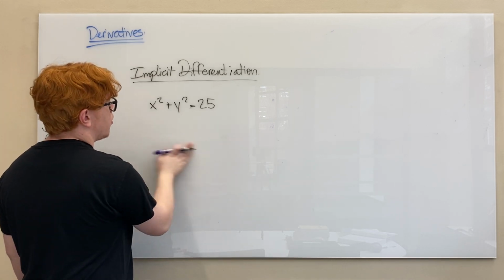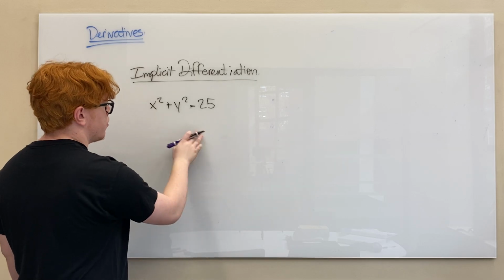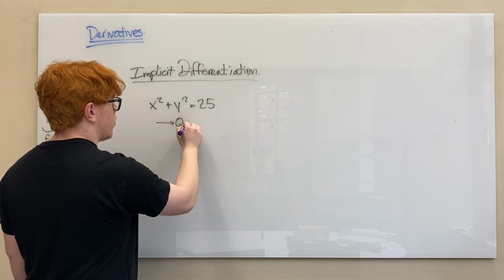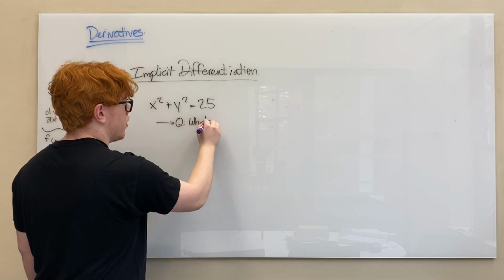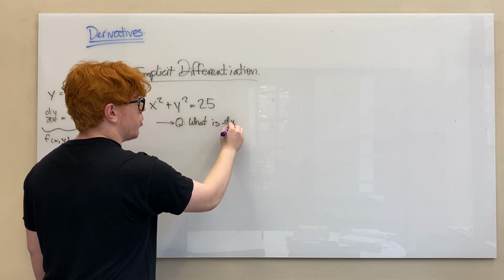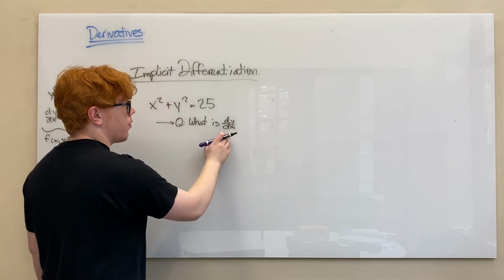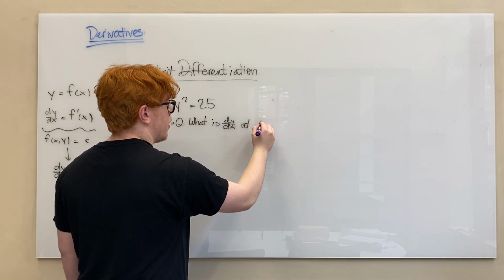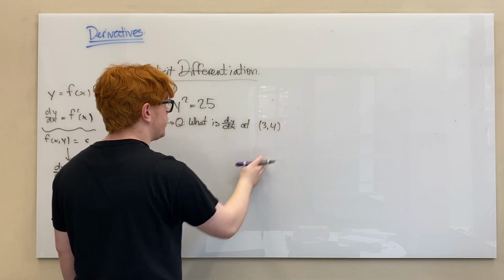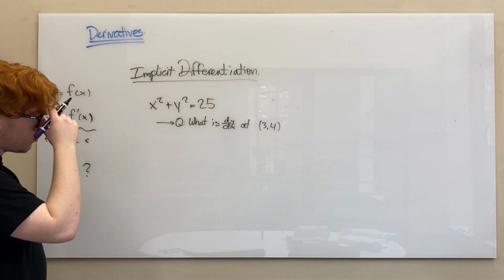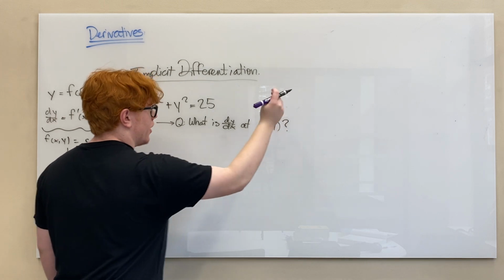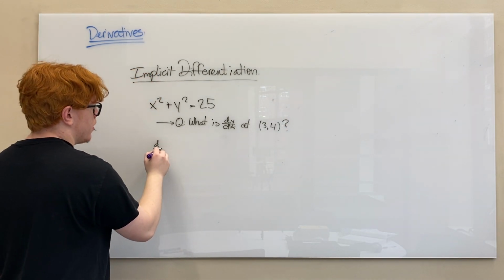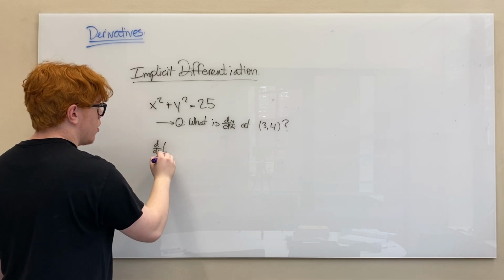So what is the slope, the instantaneous slope, the derivative at the point 3, 4? Question mark.